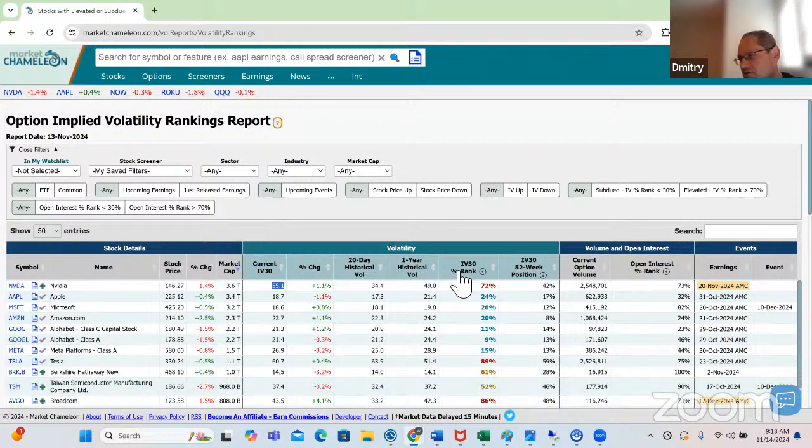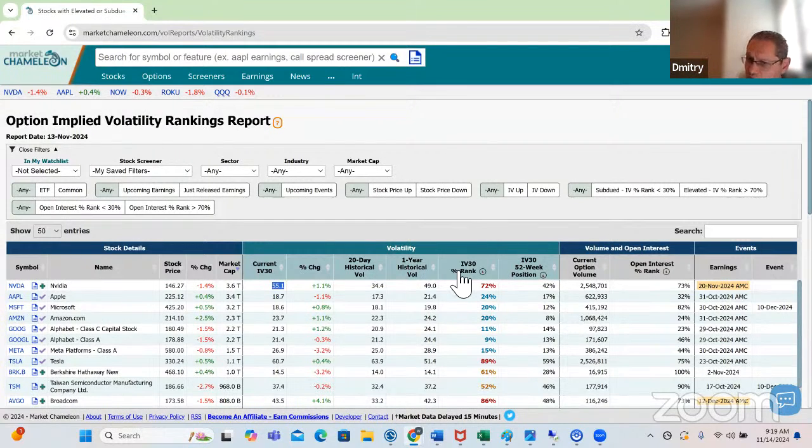The averages could get skewed. So this is looking at the last 1 year of trading, so 252 trading days, and it's saying if I took the last 252 observations, just like you would take the closing price of a stock, right?